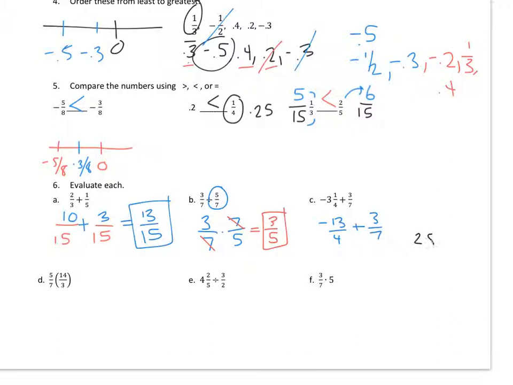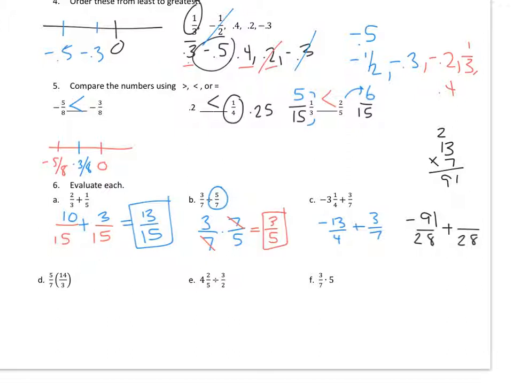So I write both of them as 28. To go from 4 to 28, you multiply by 7. So I have to multiply negative 13 by 7. 3 times 7 is 21. Carry the 2. 1 times 7 is 7 plus 2 is 9, so it's negative 91.